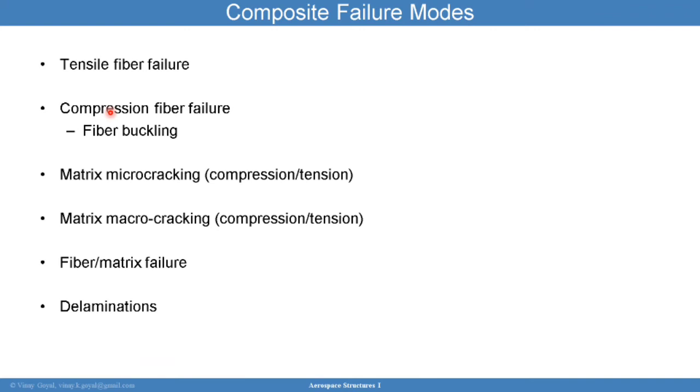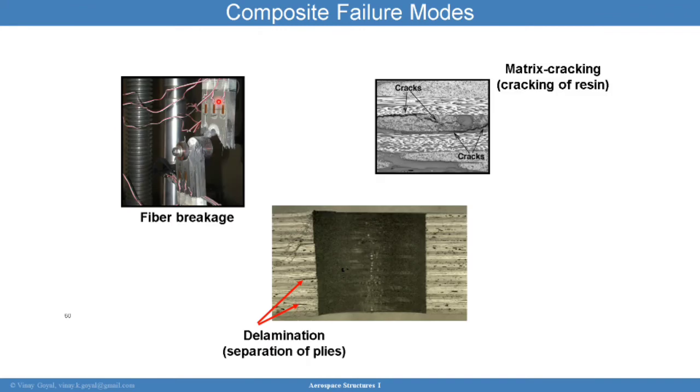I also have matrix microcracking. Microcracking is basically small fissures within the resin. Remember, the resin is what impregnates the fibers to give it a shape. Fibers carry the majority of the load in a composite structure, while the resin keeps the shape of the structure and keeps the fibers together.